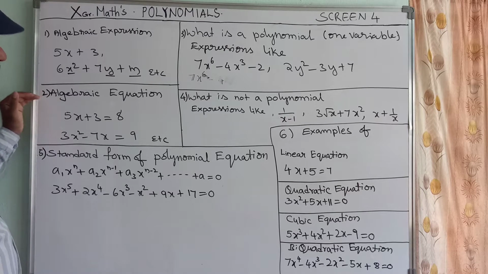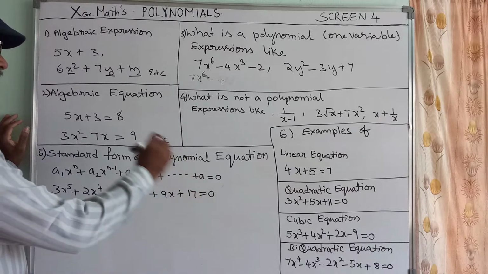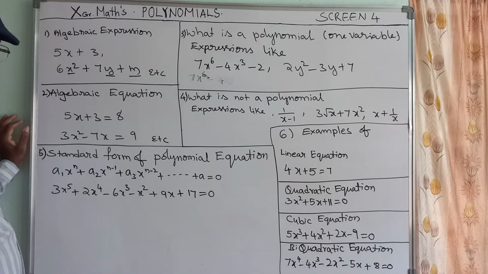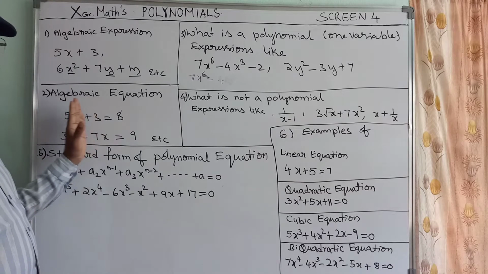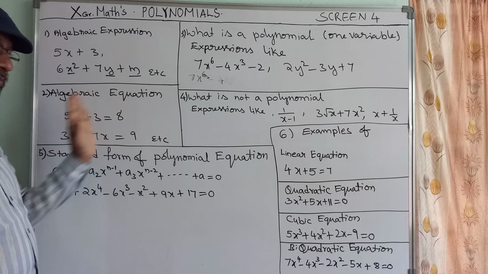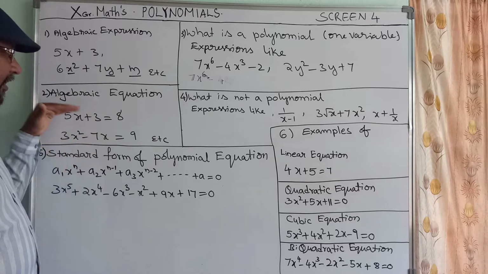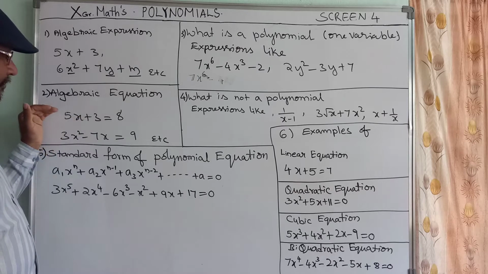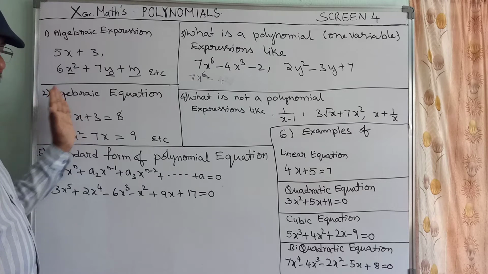Now, algebraic equation should have an equal to symbol. Therefore, it has two parts, the left side part and the right side part. They are equal. We have to equalize, and this is called LHS or RHS.